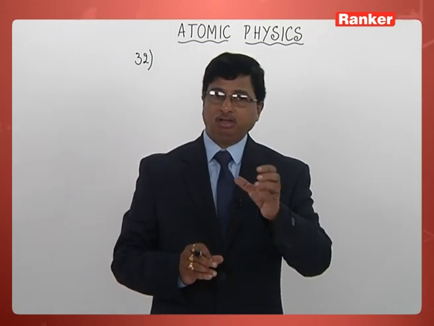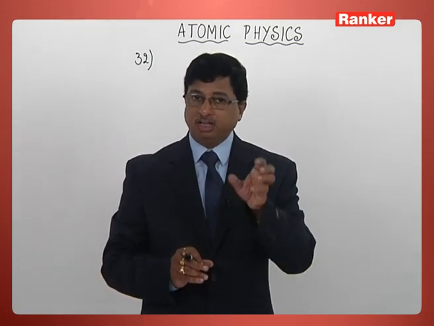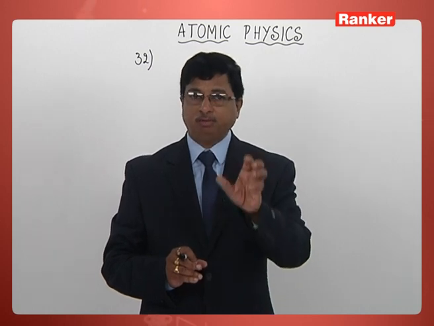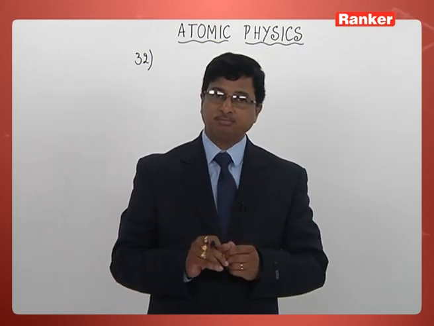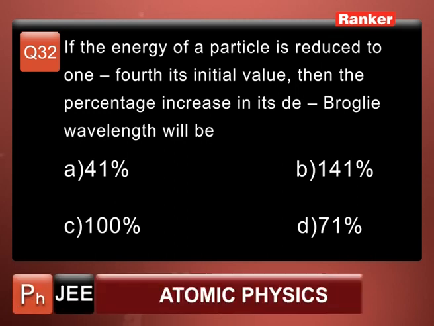What is the percentage increase in de Broglie wavelength? That is the question. 4 options have been mentioned once again. The first option is 41%, second option is 141%, third option is 100%, and fourth option is 71%.